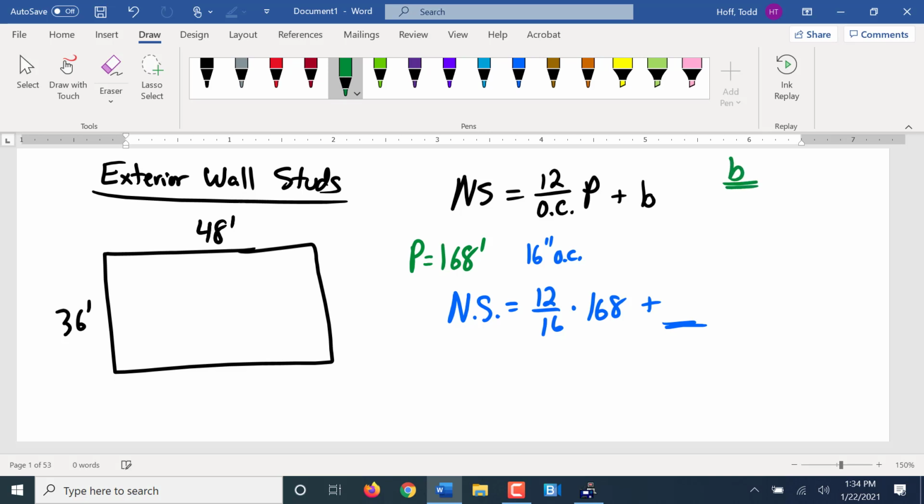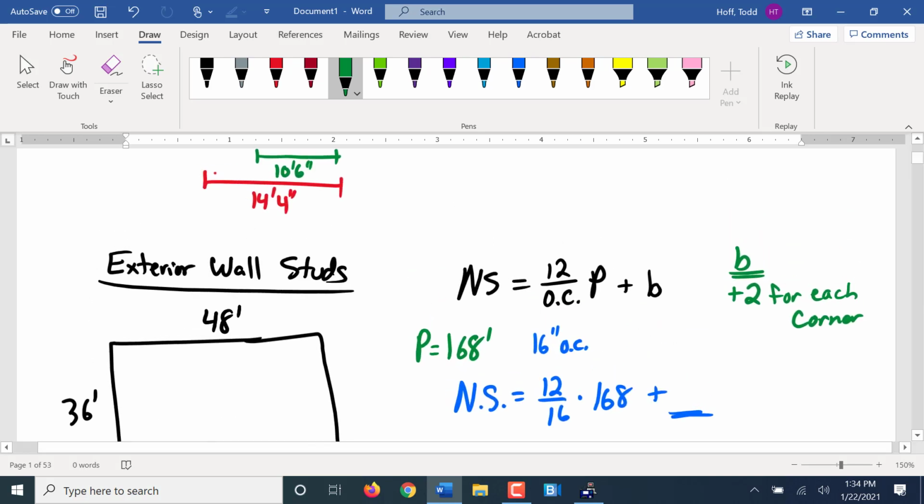Anybody remember some of the things that went into B? Plus 2 for each corner. Remember, we have to add 1 because the formula gives you 1 at the end, but not at the beginning.